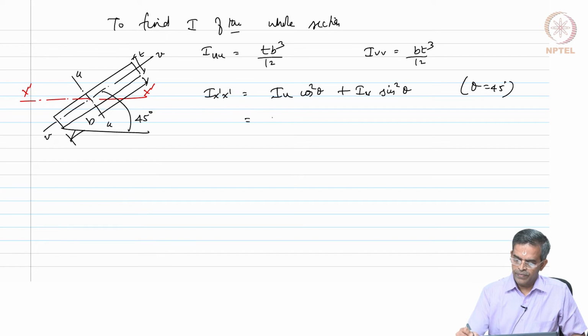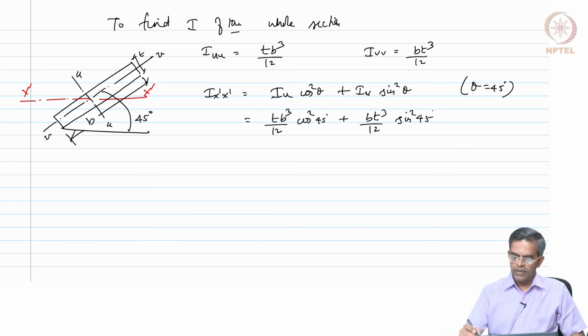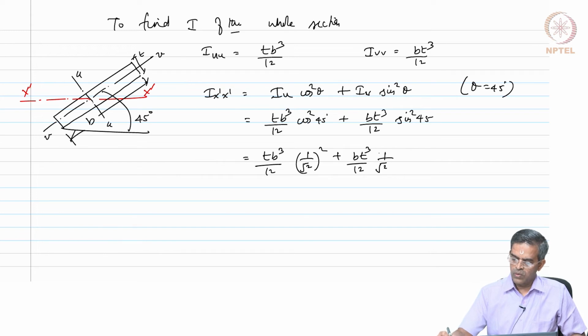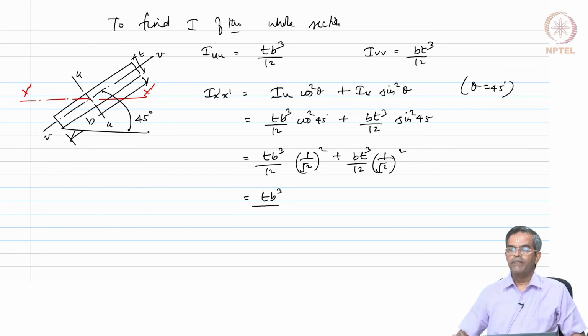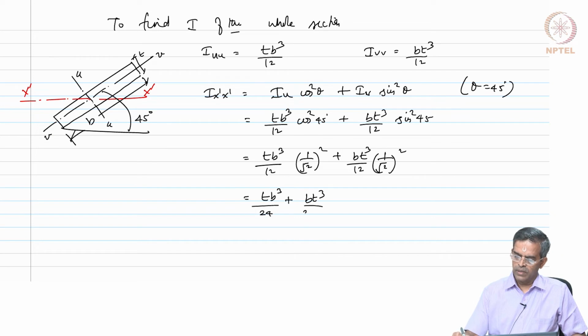So, I can say it is TB cube by 12 cos square 45 plus BT cube by 12 sin square 45, which will be TB cube by 12 into 1 by root 2 the whole square plus BT cube by 12 into 1 by root 2 the whole square, which becomes TB cube by 24 plus BT cube by 24.